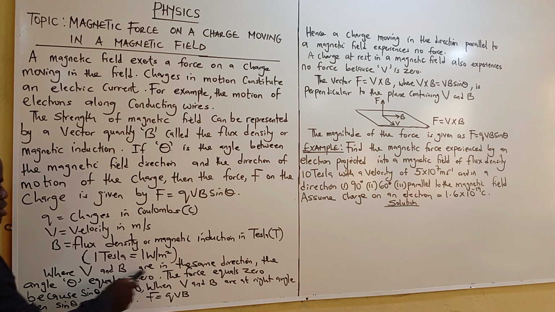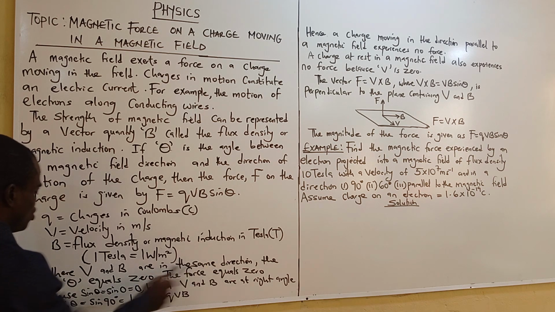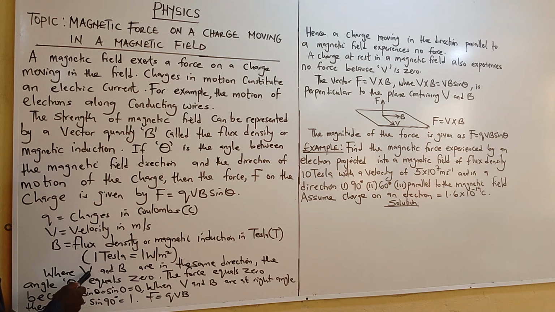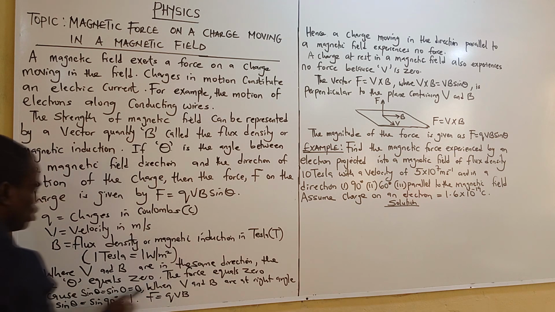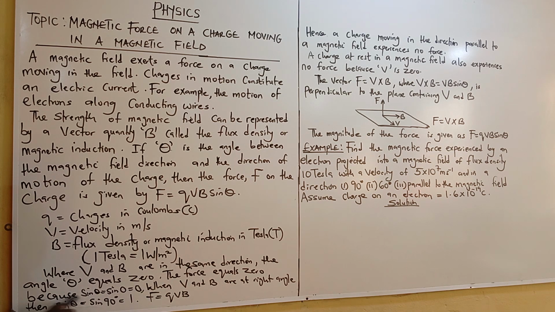Where V and B are in the same direction, that is, the velocity of the motion of the electron and the flux density or magnetic induction are in the same direction, the angle theta equals 0. The force equals 0 because sine theta equals sine 0, which is 0.